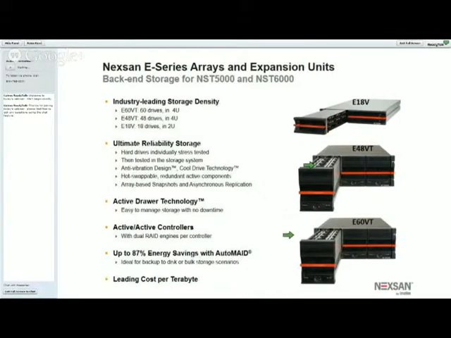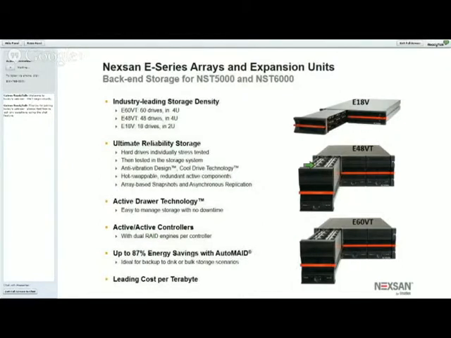For those of you that can really see this well, you'll see that we use counter-rotating drives. The drives in the 48 and the 60 are mounted vertically and in 4 rows, and 2 rows are spinning in one direction, 2 are spinning in another. What we're trying to do within this system is eliminate vibration, which causes drives to wear out and causes drives to fail.